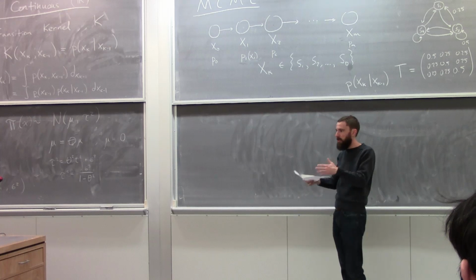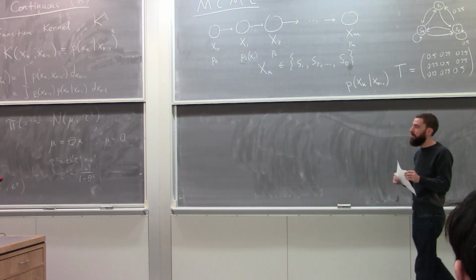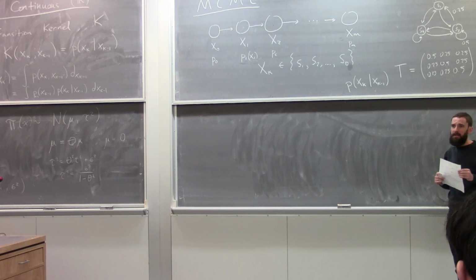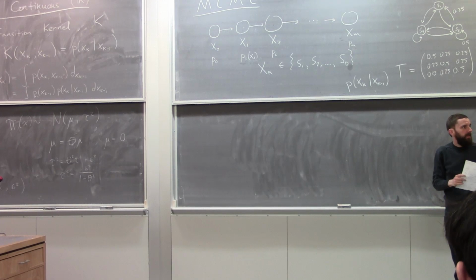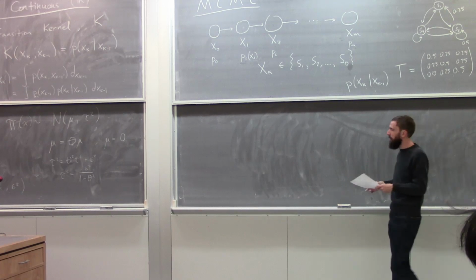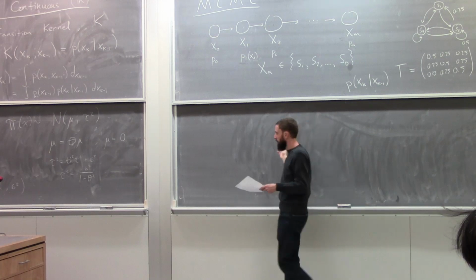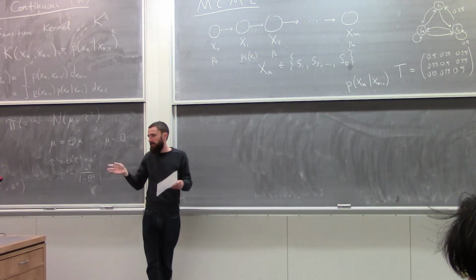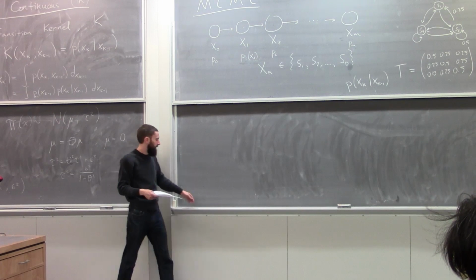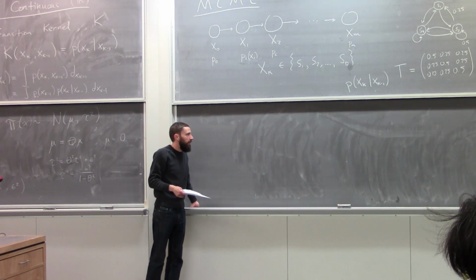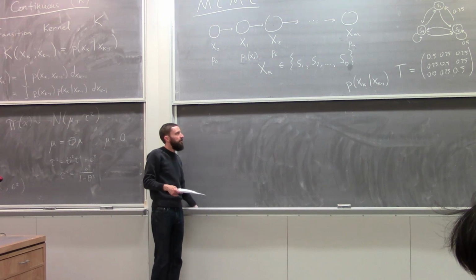It led to this whole class of algorithms that we're going to talk about today and next time. It is a really critical algorithm, and with computing power, it's now practically useful.